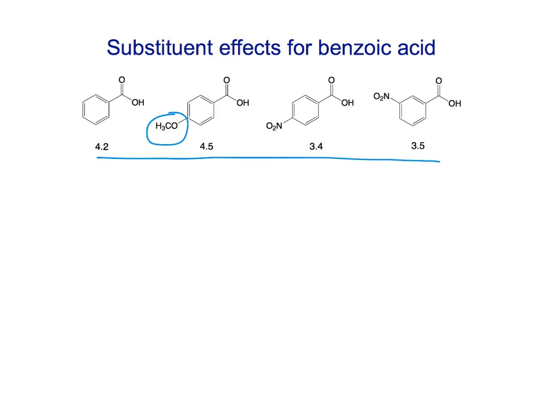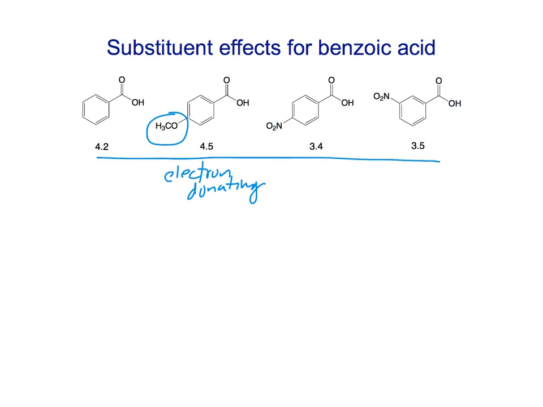So what does a methoxy group do? Donate electrons or withdraw electrons? It's more of an electron donating group. So this is electron donating. So that's the one with the highest pKa.